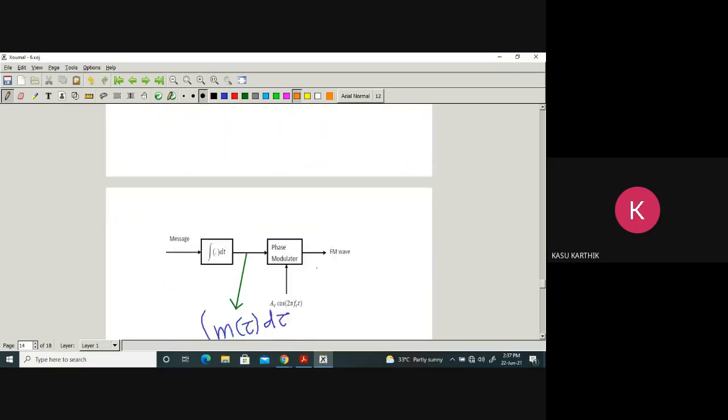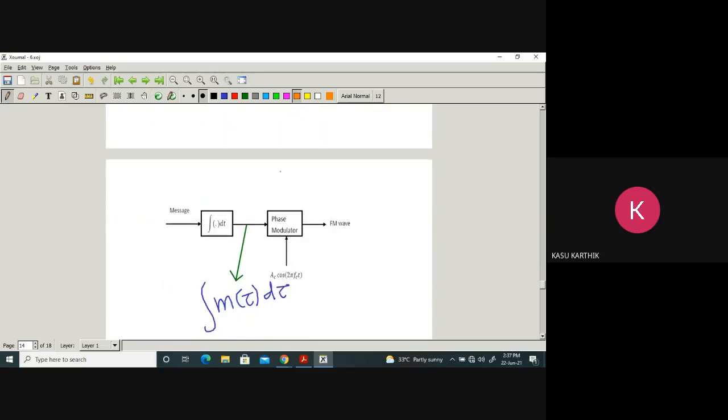But to the phase modulator, instead of applying the message signal m of t directly, I am first integrating m of t. At this point, what do you get? The integration of m of t.